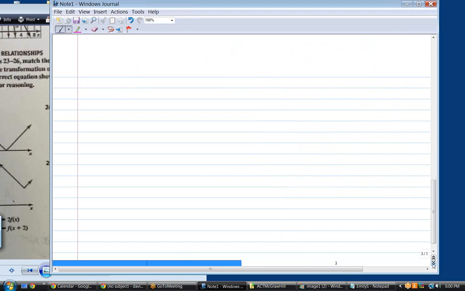The key to all of this is making sure that you know what these are. In other words, if I said something like, what does that mean? It means it's going to be a vertical stretch. What does this mean?